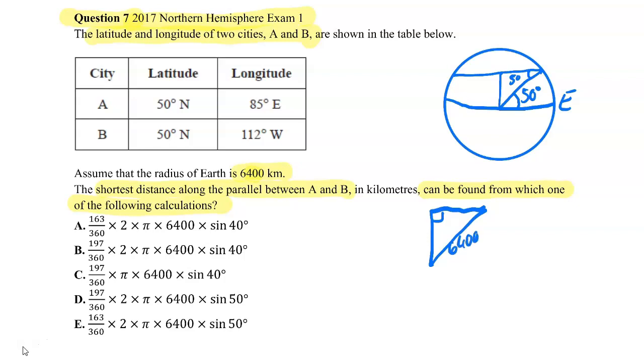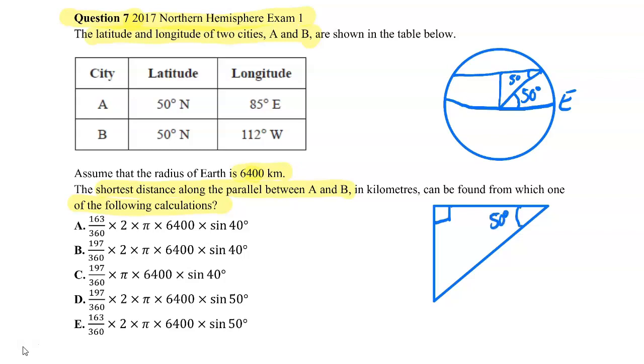So 6,400, 50 degrees. Now I'm looking at these answers, and they're all with that sine. So that means that they'll be using the other one there. I might actually draw this triangle a bit bigger. Okay, so that one there is 50 degrees, 6,400.